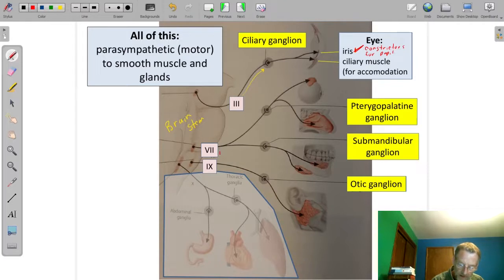Cranial nerve 7, two pathways shown here. The first pathway synapses in the pterygopalatine ganglion, and the postganglionic fibers run to the lacrimal gland.